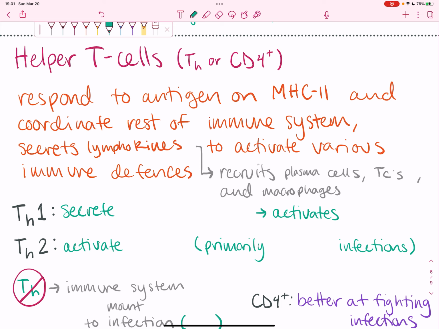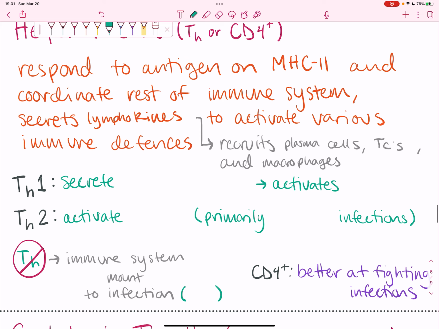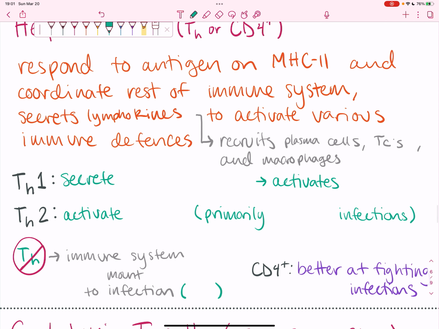Th1 cells secrete interferon gamma, which activates macrophages.